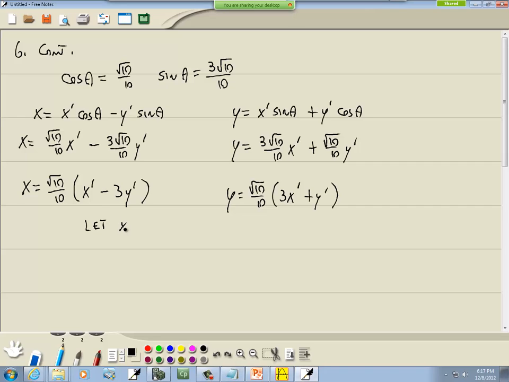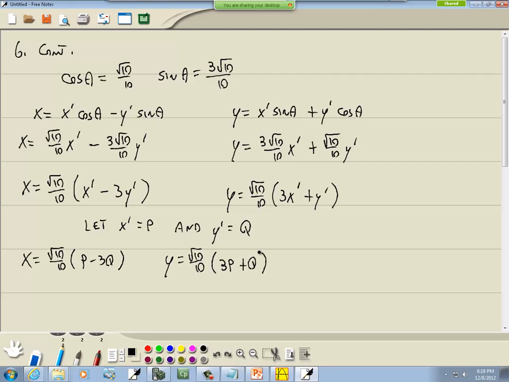We're going to let x prime be equal to p and y prime be equal to q. So we've got x is equal to the square root of 10 over 10 times p minus 3q, and y is equal to square root of 10 over 10 times 3p plus q. Let me double check myself here. Okay, good down to that point.